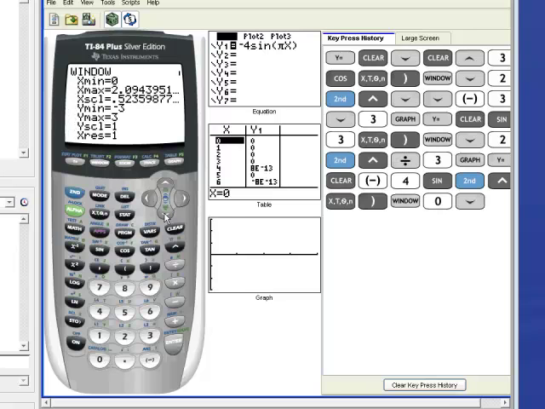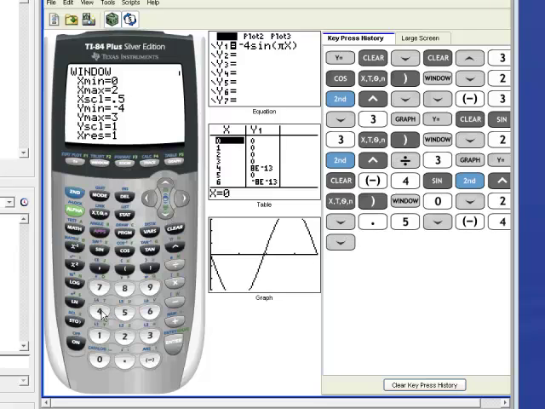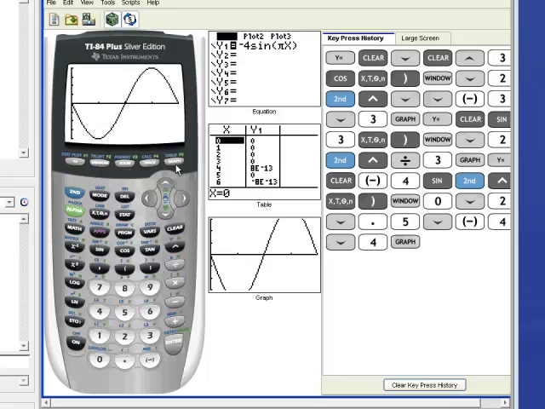So 0, 2. And here I should use a scale of 0.5. And we have an amplitude of 4. There we go. And that looks the same as what we have given in the problem.